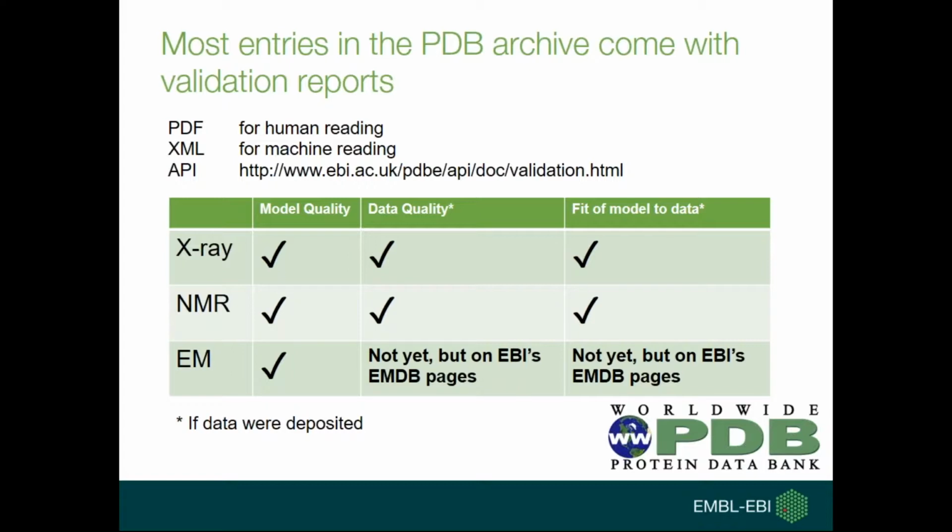For NMR, we do the same things, and for electron microscopy, we assess the model quality. We don't yet, as the worldwide PDB, assess data quality or fit of the model to the data, but as we'll see briefly later on, that data is available on the EMBL-EBI pages here at EBI.